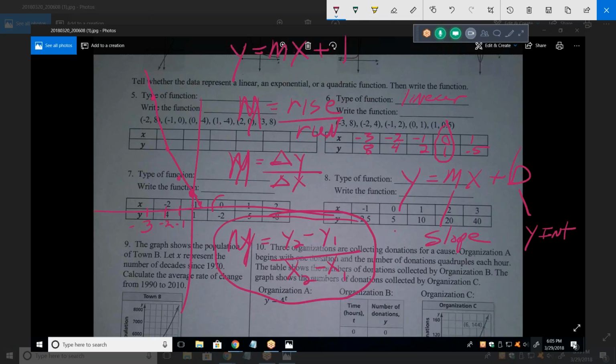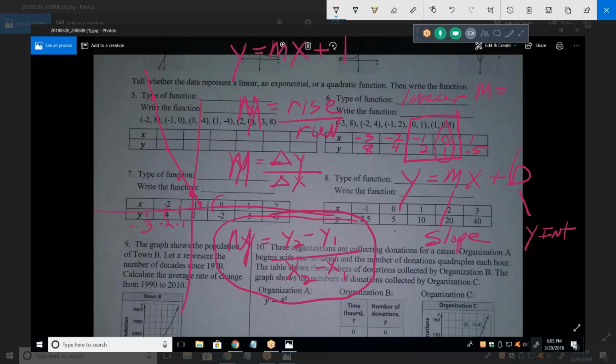Now, we need 2 points. That's all you need. If you have a linear equation, then you just need 2 points to figure out slope. Let's pick any 2 points that have whole numbers. How about these 2 points right there? Now, what's the slope going to be?